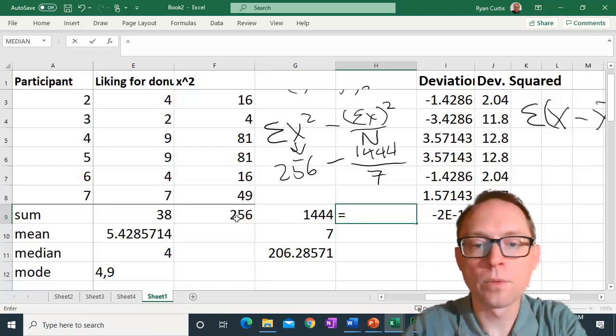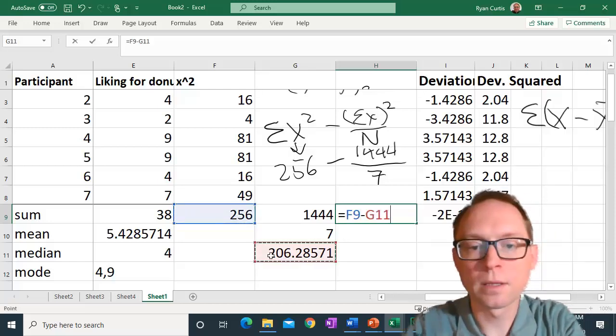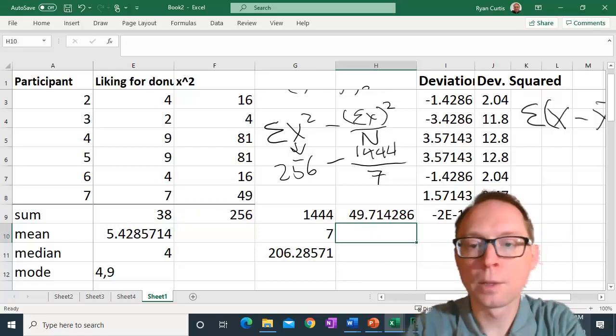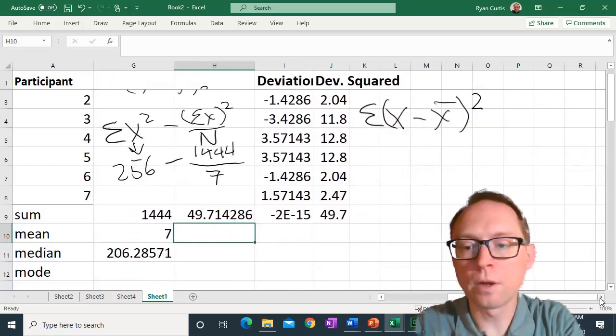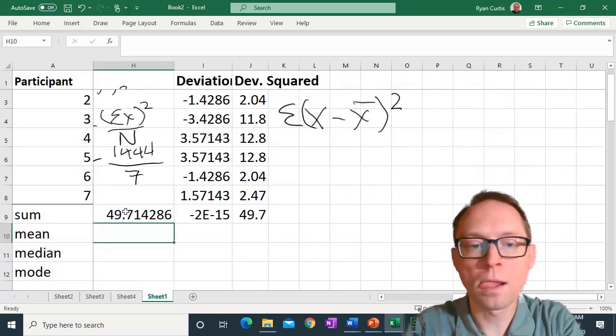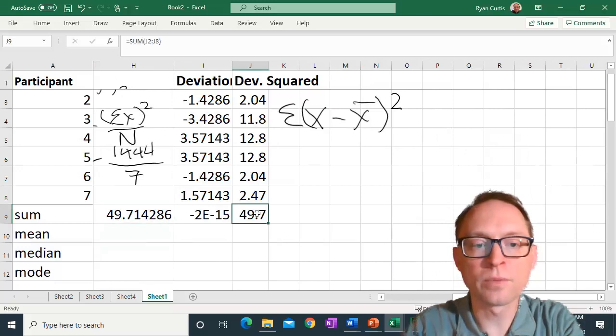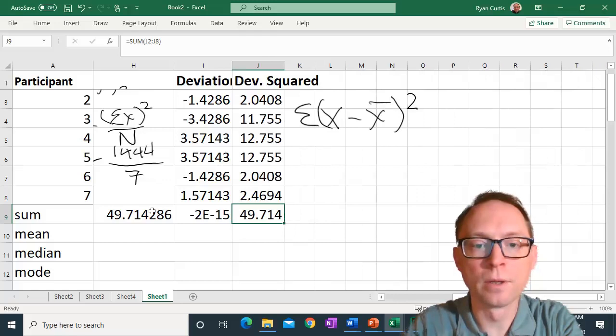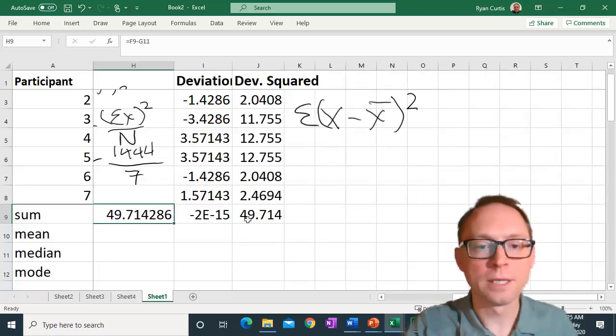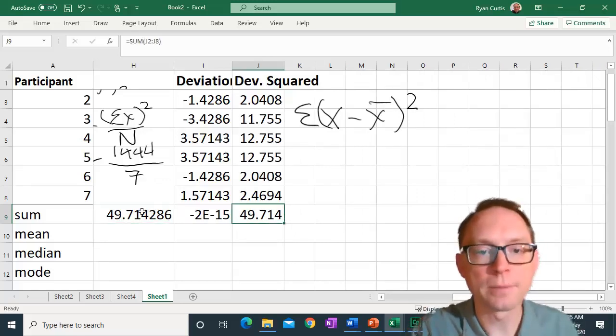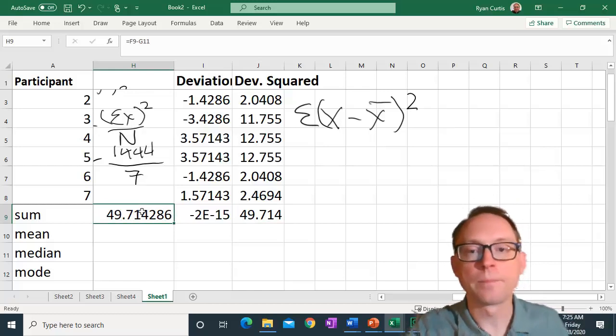We want this minus that. 49.714. Look, 49.714 and 49.7, and if we expand this, you'll see it's 714. It's the same thing. Mathematically, it's exactly the same thing.